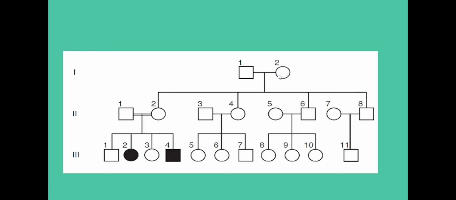So here's the likely scenario. We have individual number 1 could be a carrier. So 1 dominant copy, 1 recessive copy. Individual number 2, homozygous recessive. They pass on their genes. This person got 1 copy of a recessive allele and 1 copy of a dominant allele.